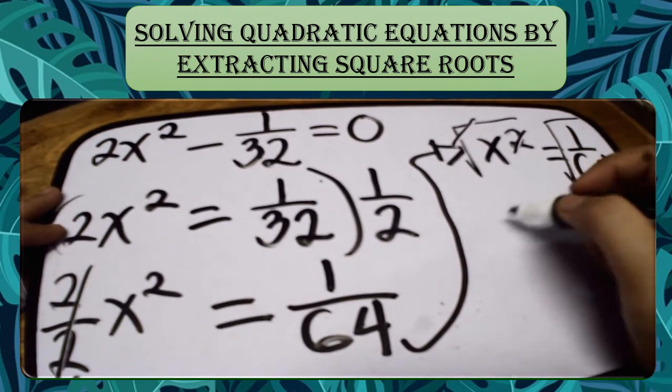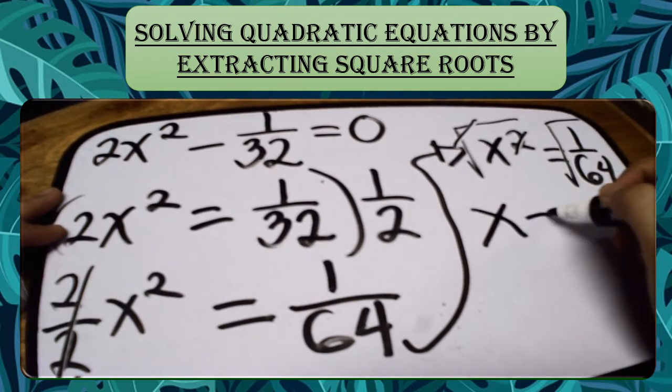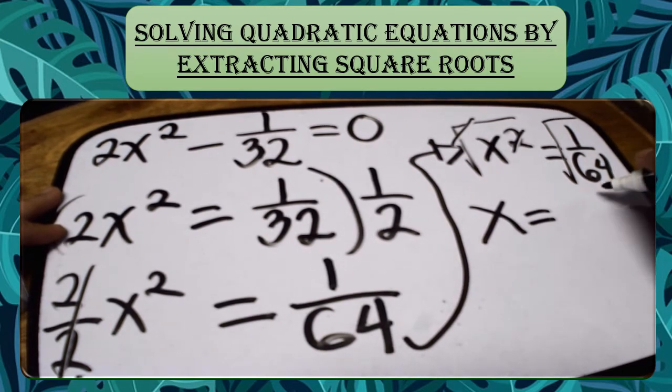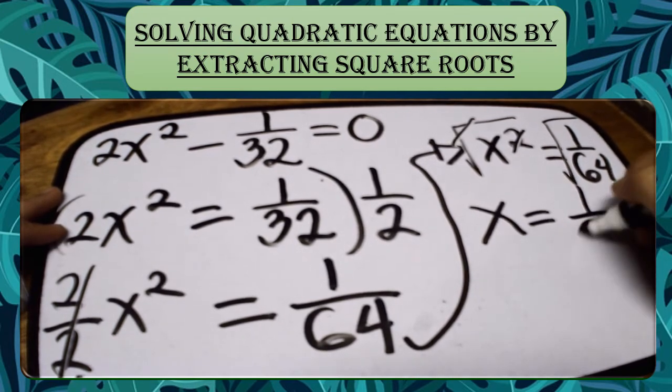So we have x is equal to the square root of 1 over 64, which is 1 over 8.